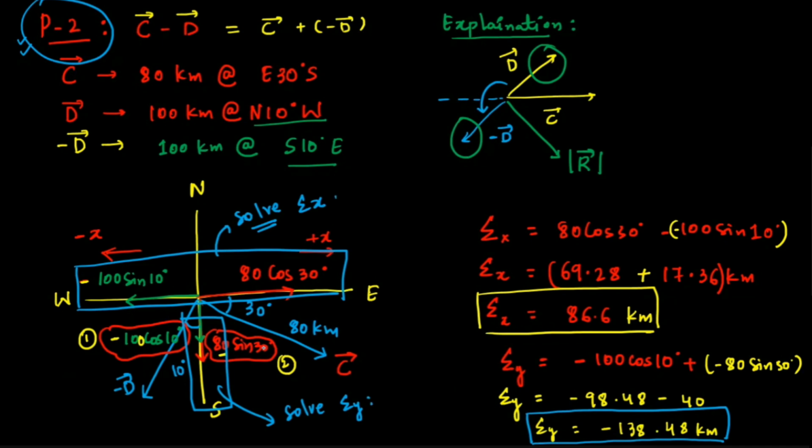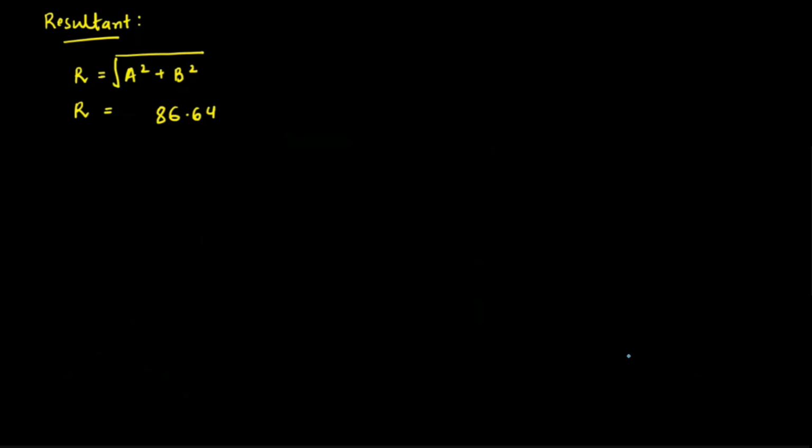So once we are doing this, we get two vectors, one along the x-axis and one along the y-axis. When we need to find the resultant, we need to know the values of these two vectors, and we actually find the values of these two vectors like that.